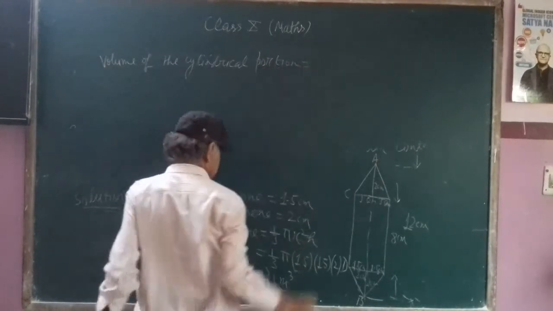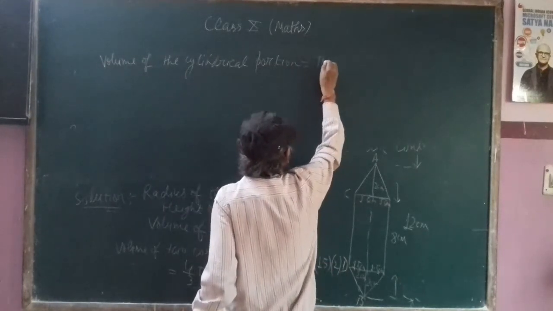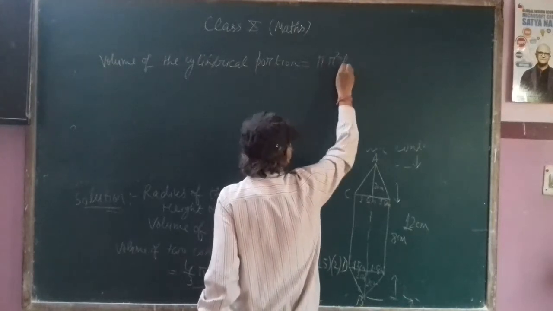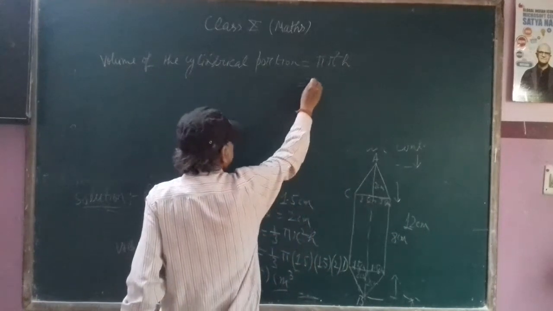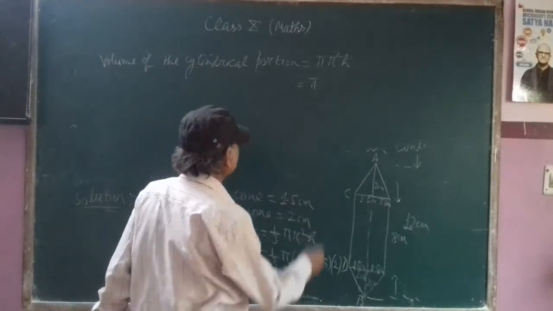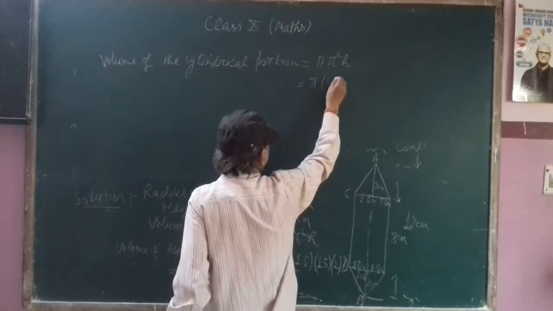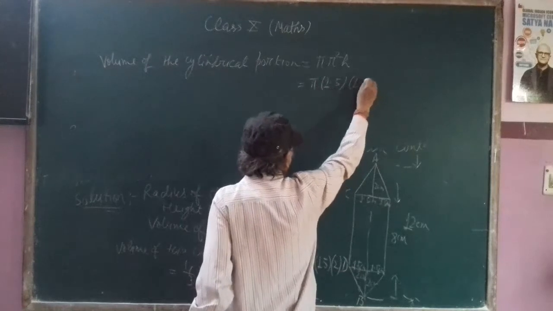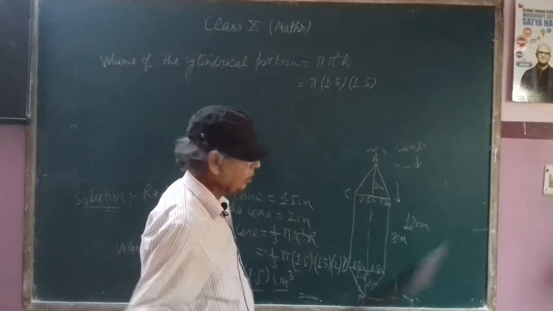This is pi r square h. Pi is there, r is the radius of the cylinder, and h is the height of the cylinder. So this is all well defined. This is pi, r is again 1.5. As it is squared, you multiply it twice, 1.5 into 1.5, and the height is 8 centimeter.